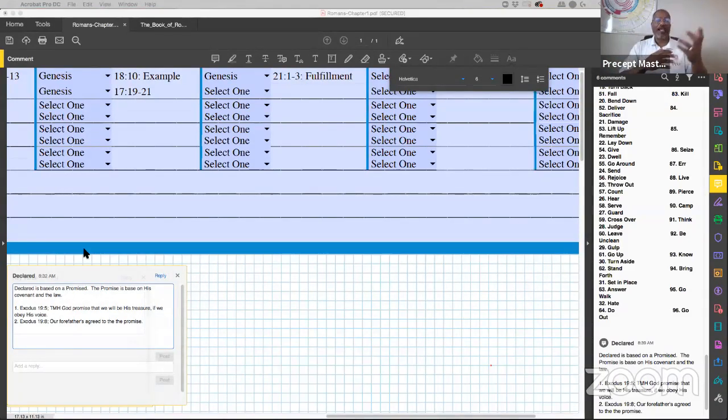This is what he declared. He declared all this stuff, and that's what happened. And it says, 21:1-3, and the Lord visited Sarah as he had said, as he promised. And the Lord did unto Sarah as he has spoken. You see how he's just repeating himself.